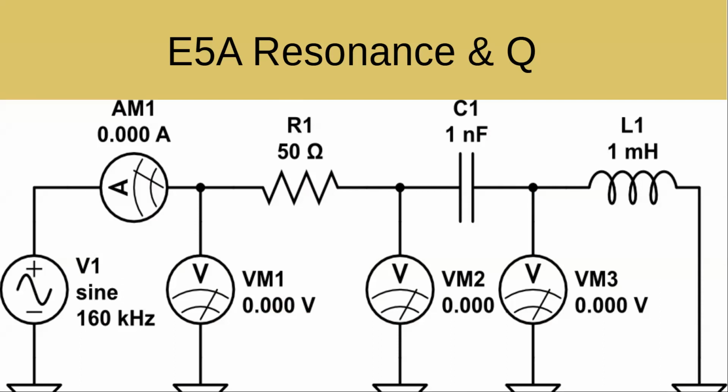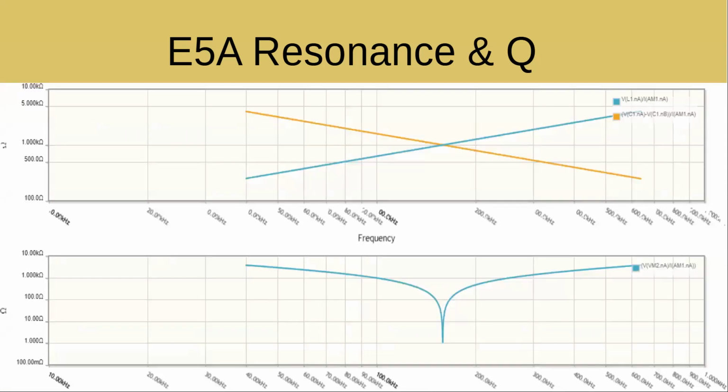Now, of course, this is a little circuit I did in CircuitLab just to demonstrate. It's a series RLC circuit, and this is the plot that you get. The blue line at the top is the inductive reactance, and you see it's increasing with frequency. And the yellow, orange, whatever color that is, is decreasing with frequency.